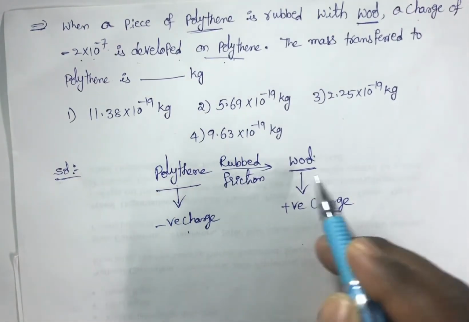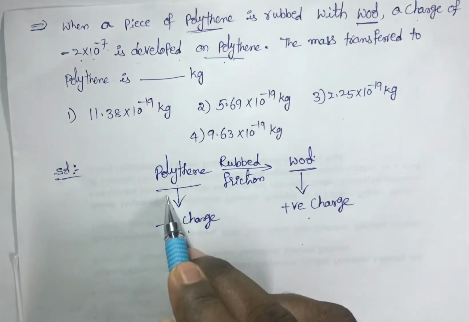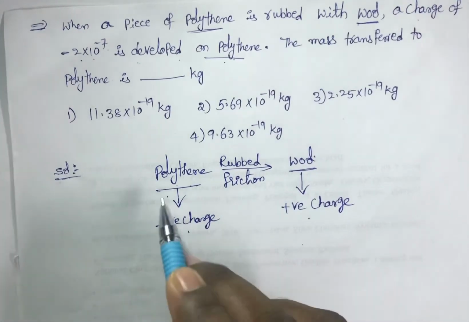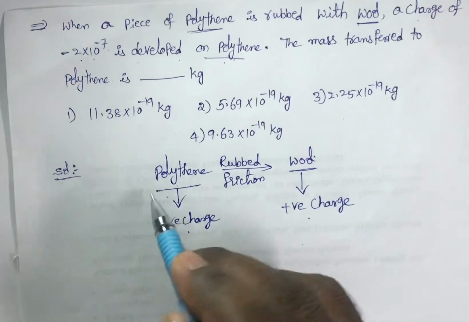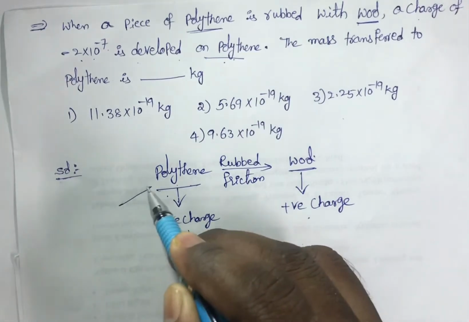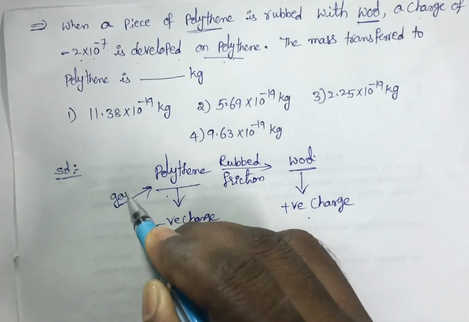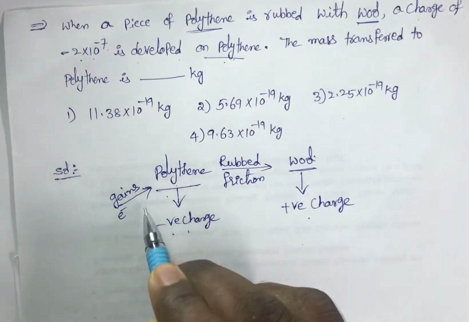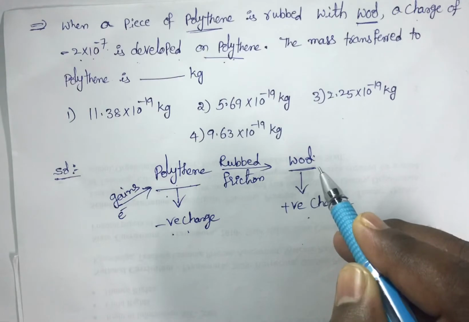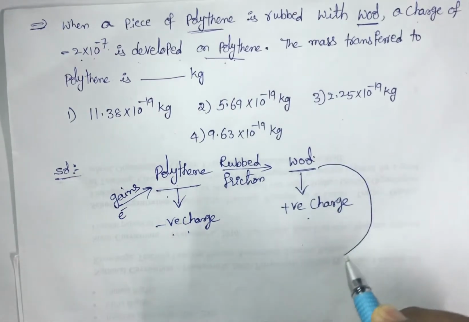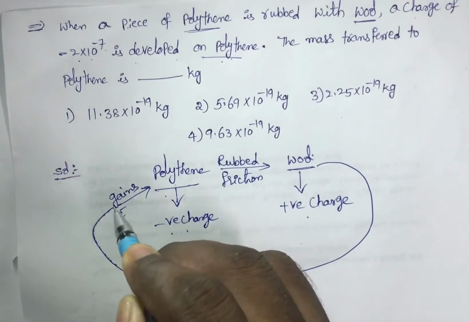Next, polythene gaining the negative charge means it gains electrons. From where does it gain the electrons? From the wool, due to the rubbing process.